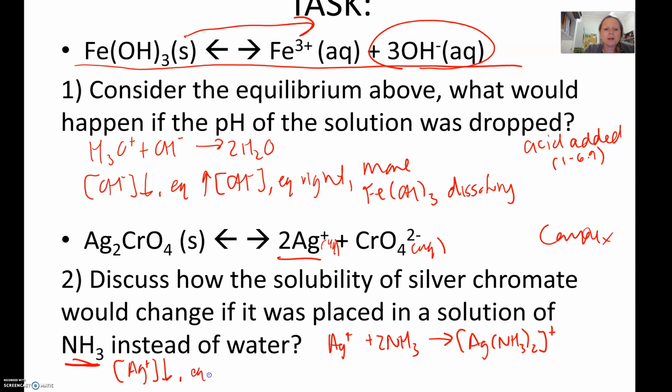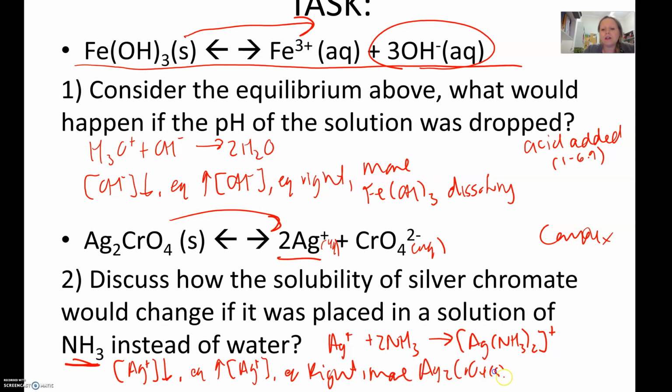So our equilibrium is going to shift to increase the concentration of Ag+, so it has to shift to the right. That means you're going to get more of the Ag2CrO4 solid dissolving, which if there's more dissolving, then solubility has gone up. Okay, I hope that makes sense.